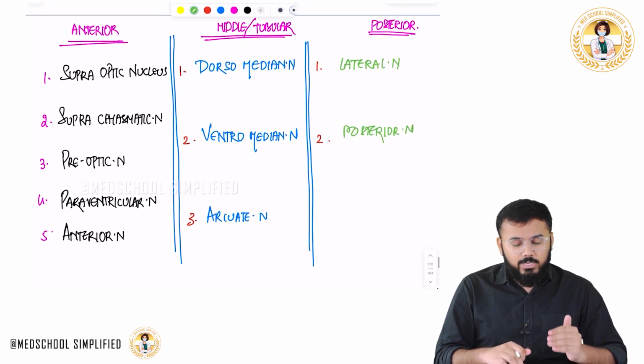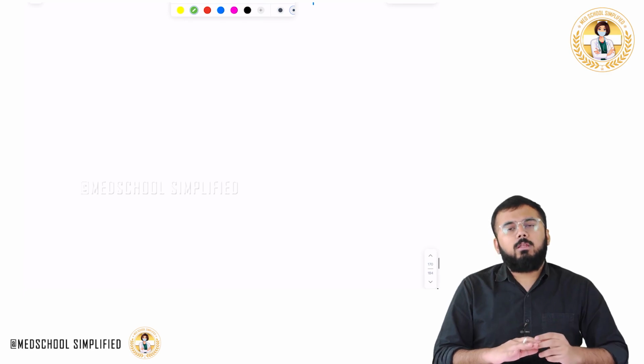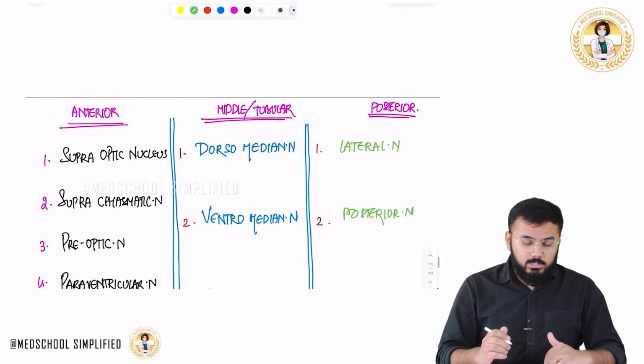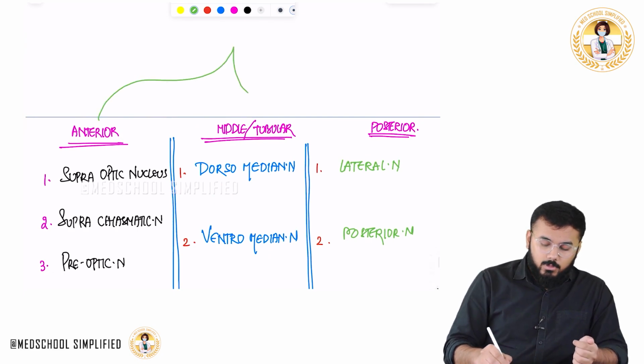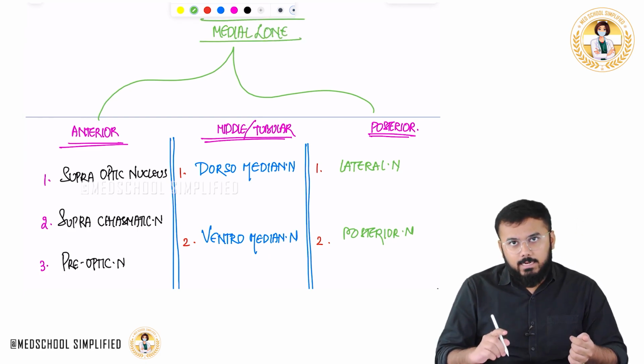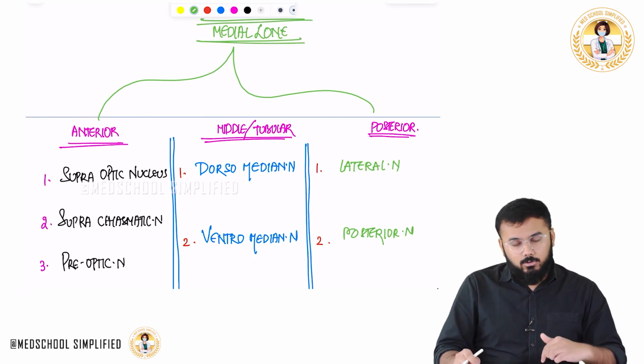Previously we divided into regions, right? Now what I am telling you is we will divide the entire hypothalamic nuclei into 3 rows. The earlier division comprised the medial zone only. And you know, the lateral zone is a satiety center. Remember that thing. Lateral zone is a satiety center.